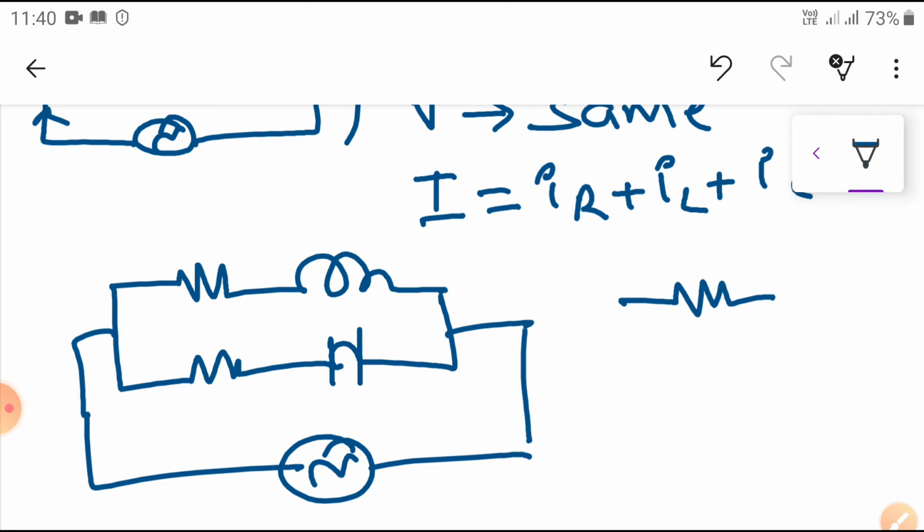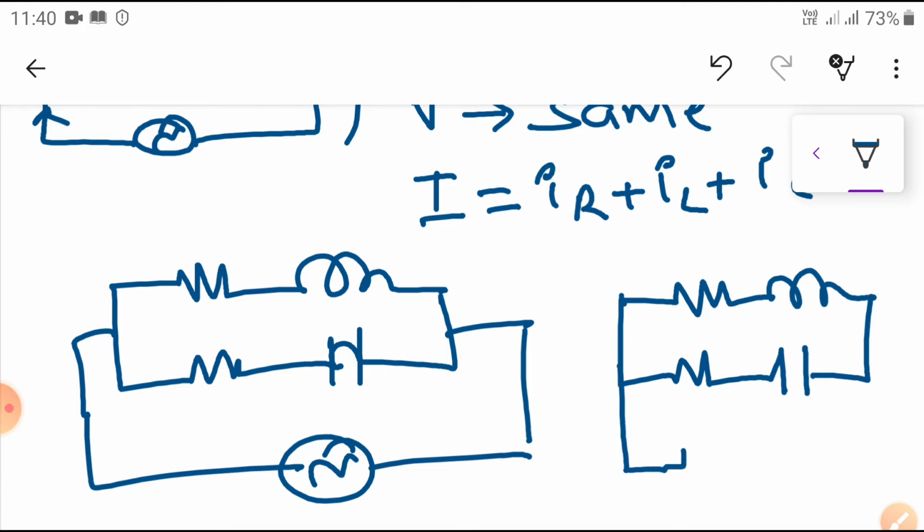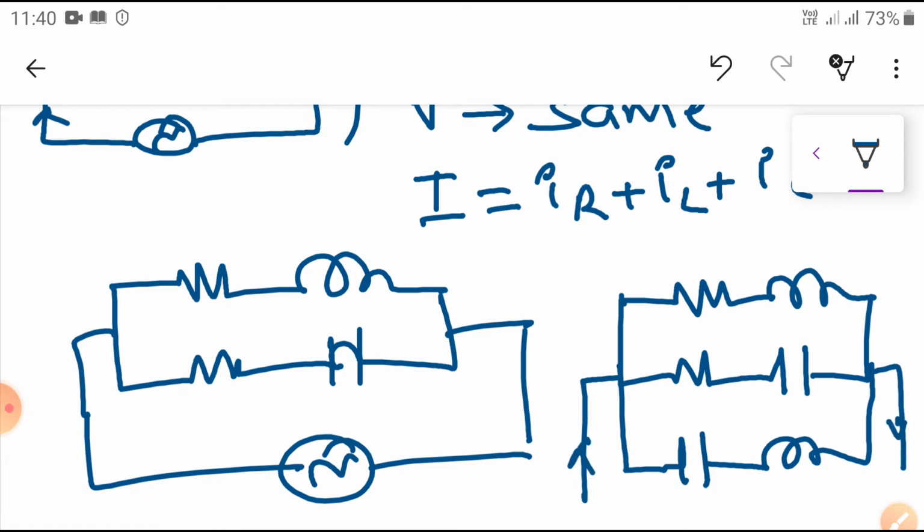So we can connect different configurations.